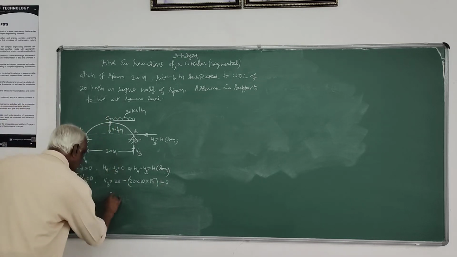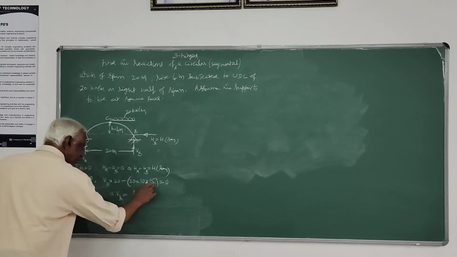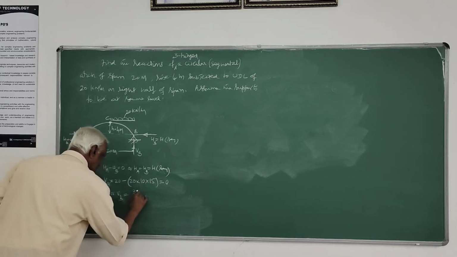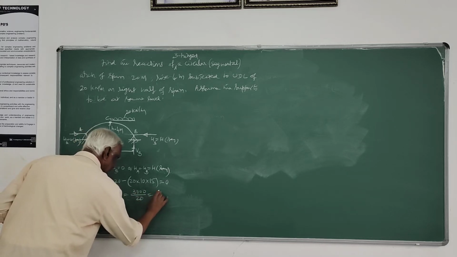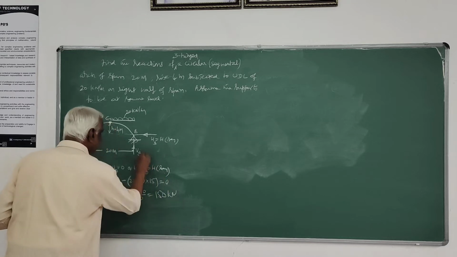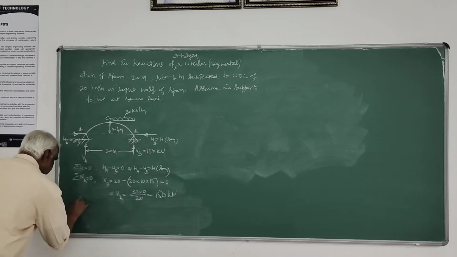So our VB is equal to 200 into 15, that is 3000, divided by 20, that is 150 kilonewtons. So VB is 150 kilonewtons.